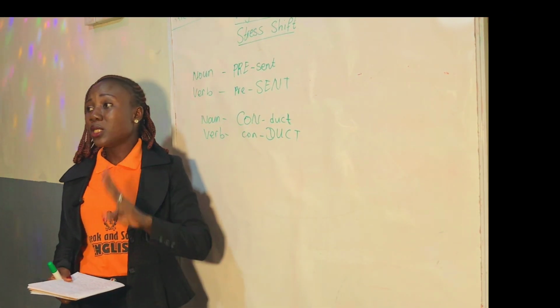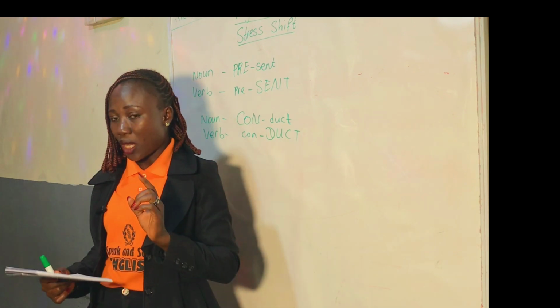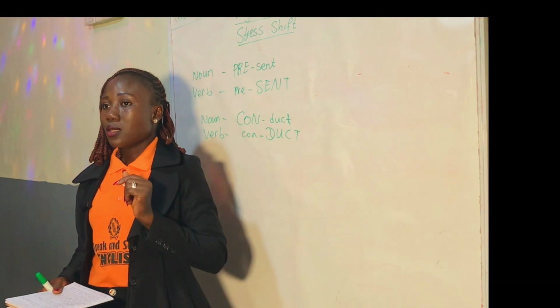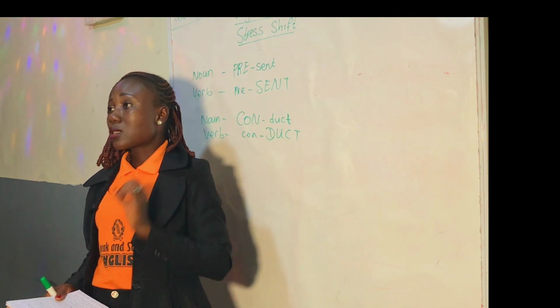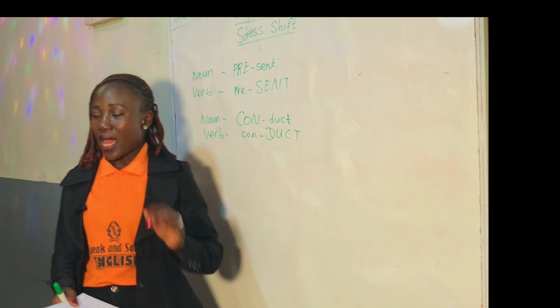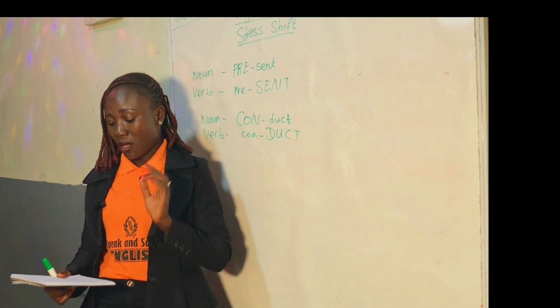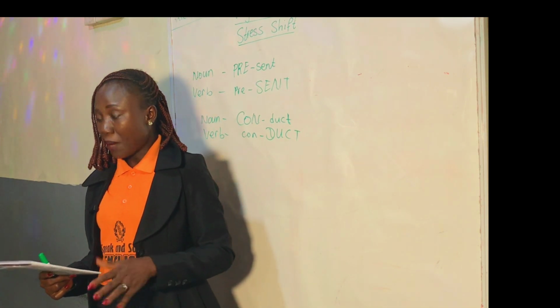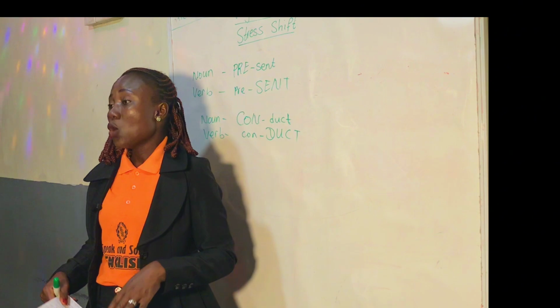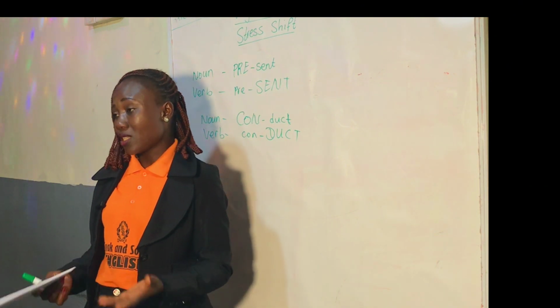What is our example number 3? Our example number 3 is subject, subject. Subject when it's serving as a noun, and subject when it's serving as a verb. And what does the first one mean? When it serves as a noun, it can be a citizen of a country, like we're subjects of Nigeria, we're citizens of Nigeria.